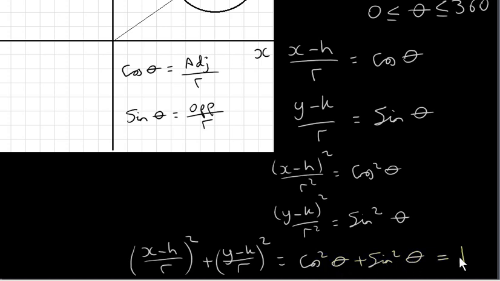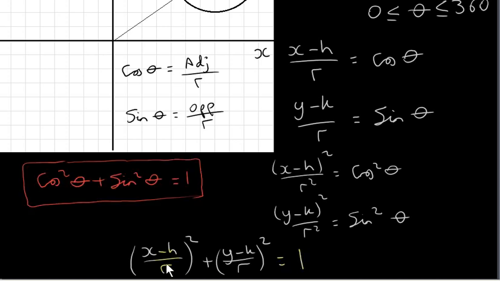So this is an identity. Now, we can multiply this equation by r squared. R squared times 1 is r squared. And here we have the familiar formula for the equation of a circle.